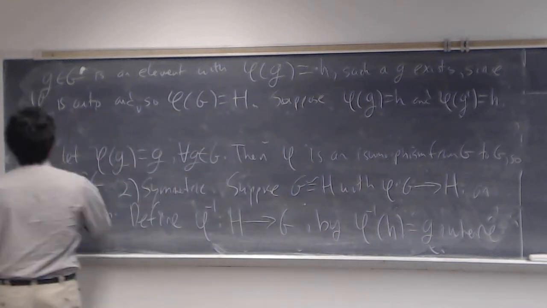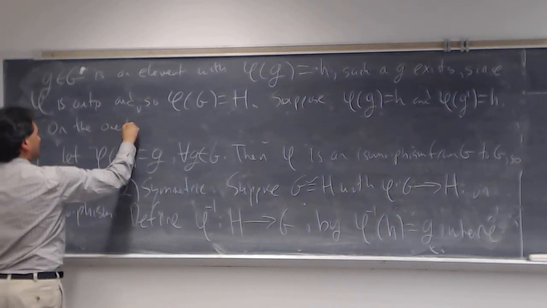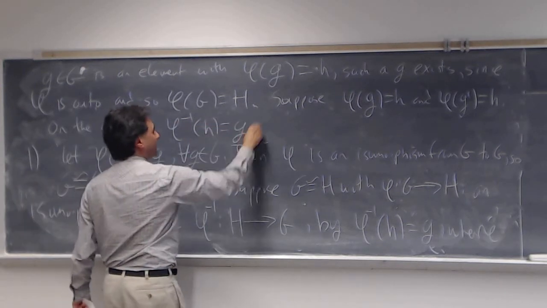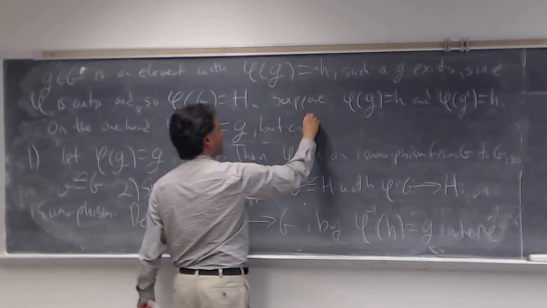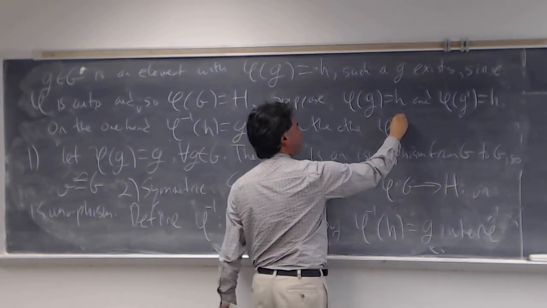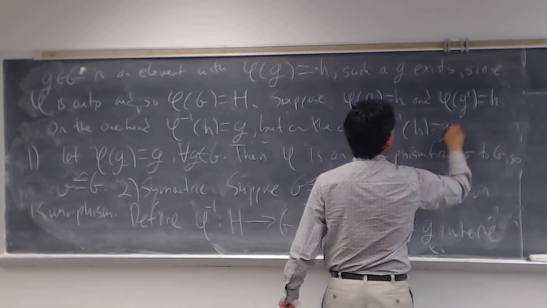So then on the one hand, by our definition, phi inverse of h would have to be g. But on the other, by our definition, phi inverse of h would have to be g prime.